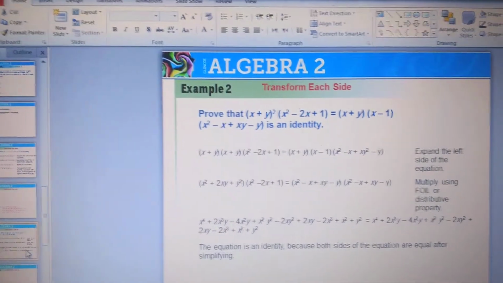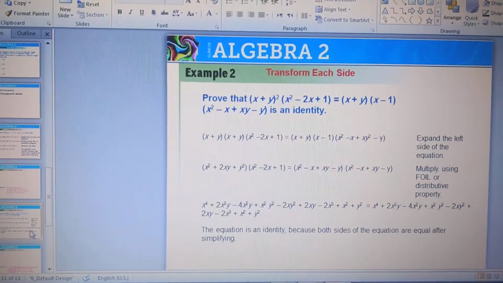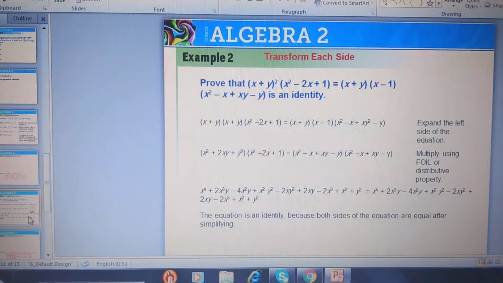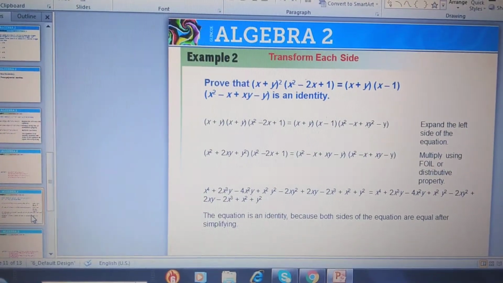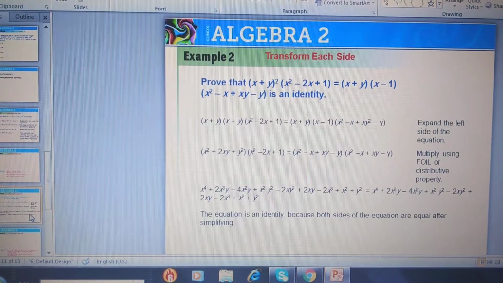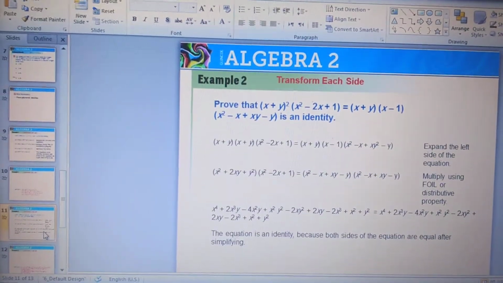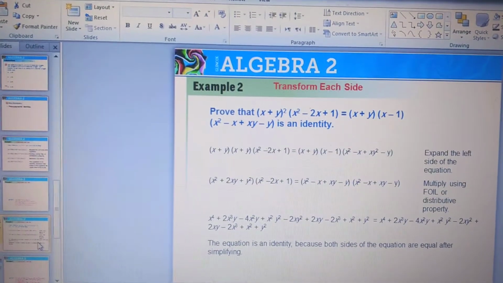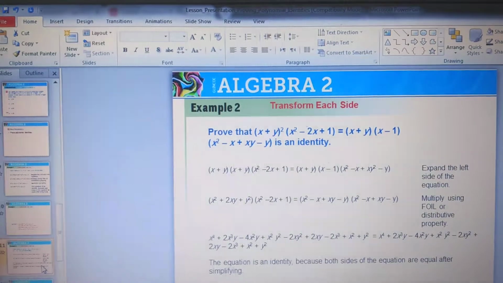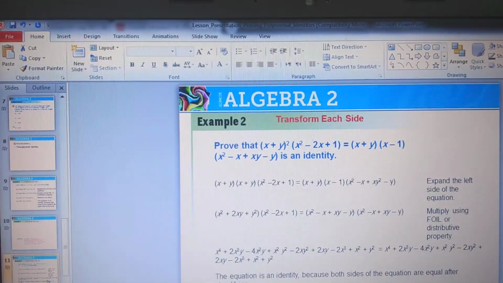Prove that (x plus y) to the power 2 times (x squared minus 2x plus 1) equals (x plus y) times (x minus 1) times (x squared minus x plus xy minus y) is an identity. You want me to prove that the left side equals the right side. Of course, (x plus y) to the power 2, we can write it like (x plus y) times (x plus y), times (x squared minus 2x plus 1).